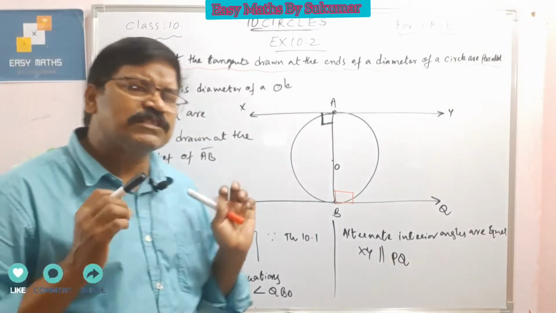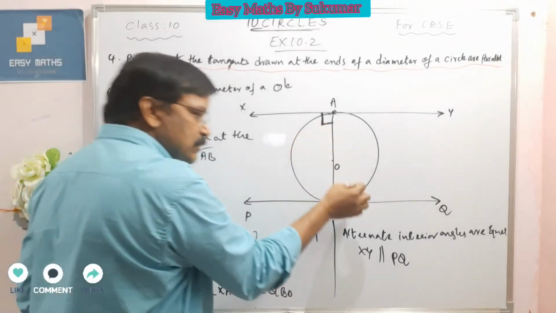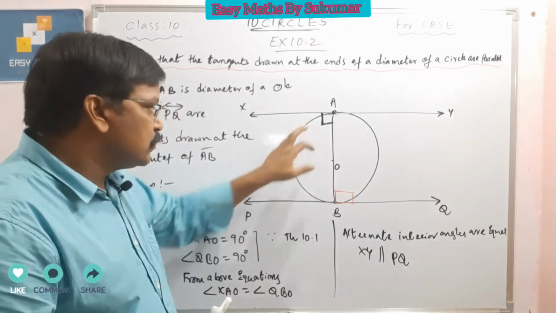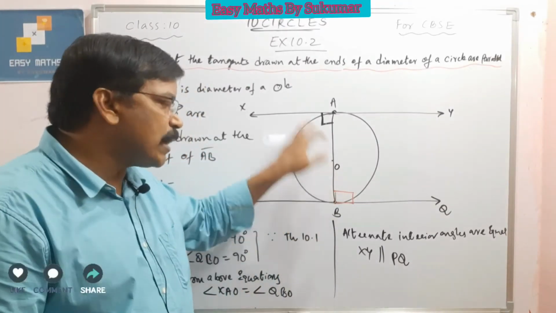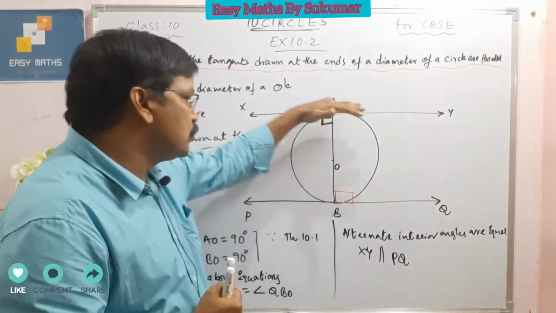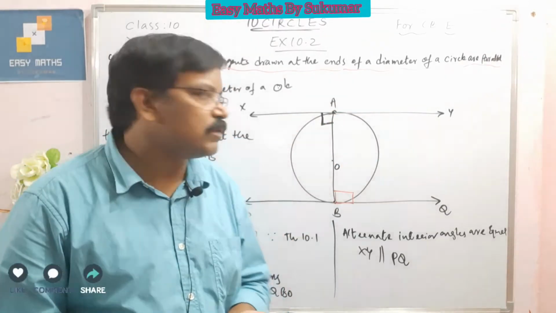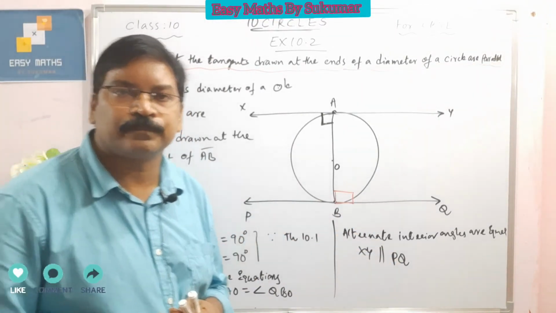So it's a very simple statement, a simple theorem. Here this angle is 90, this angle is also 90. These two are the alternate interior angles, and these two angles are equal. The alternate interior angles are equal means these two lines are parallel to each other. Therefore XY is parallel to PQ. Hence it is proved.